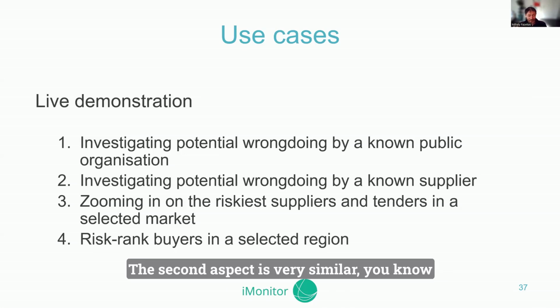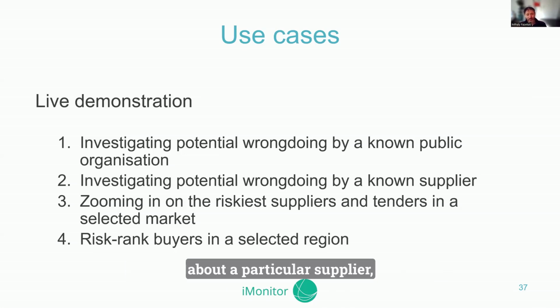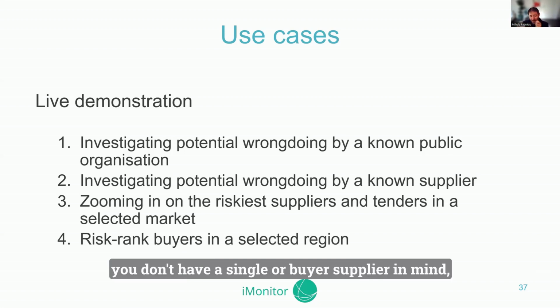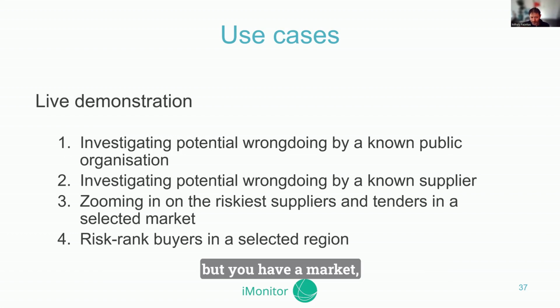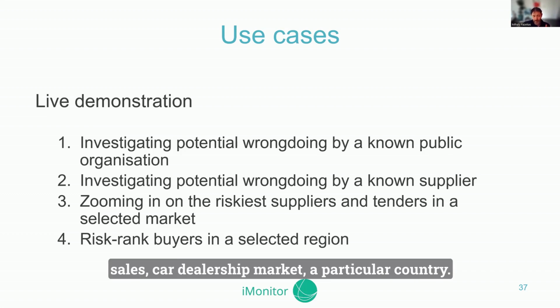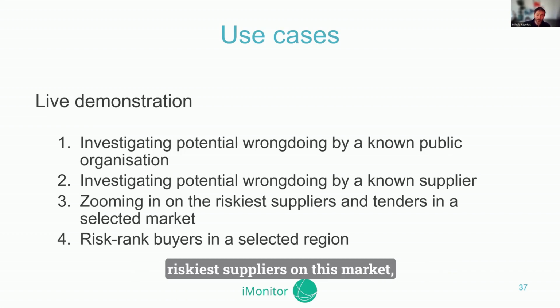The second aspect is very similar. You know about a particular supplier, and then you want to investigate it further. Again, you know what you're looking for, and your goal is to go there quickly and build up an intelligence picture. Number three is you don't have a single buyer or supplier in mind, but you have a market, say a school meal market or car dealership market, in a particular country, and you want to see who are the riskiest suppliers on this market, which are the risky tenders.